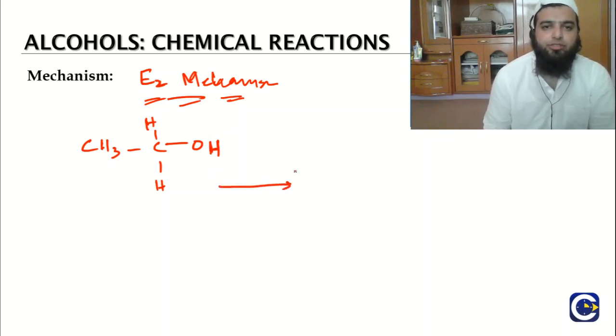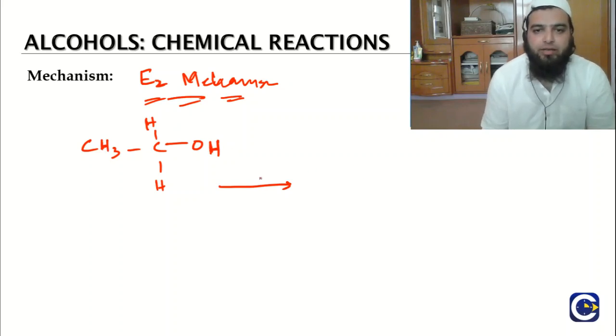The oxidizing agents that we are using link a good leaving group to this oxygen. They remove the hydrogen, and in place of that we have a good leaving group.